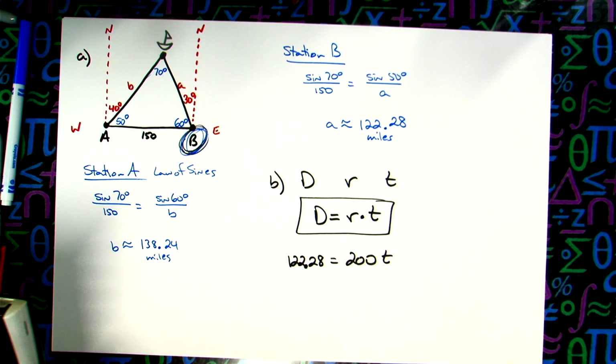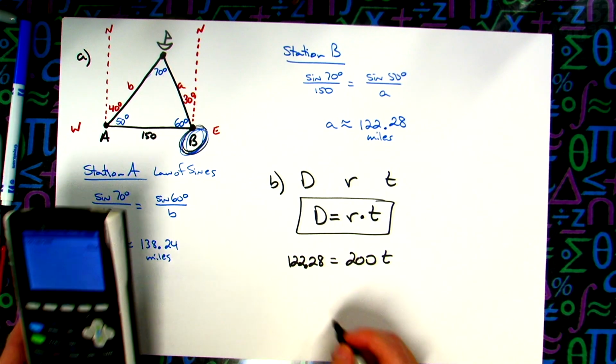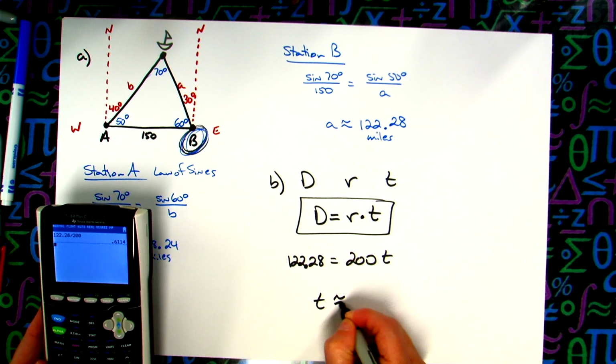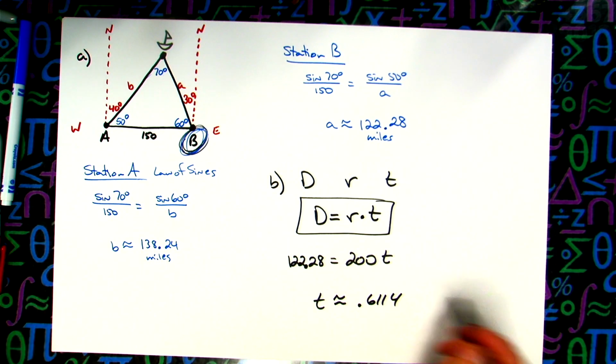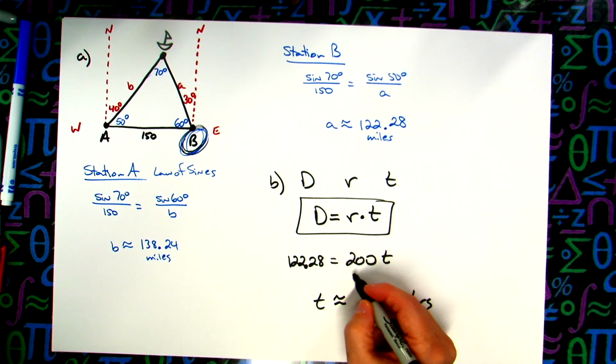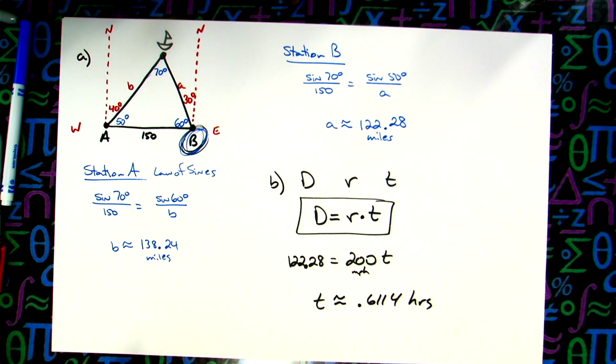All you gotta do is divide. So time is 0.6114. So less than 0.6 of an hour, because the rate was miles per hour. So less than an hour.